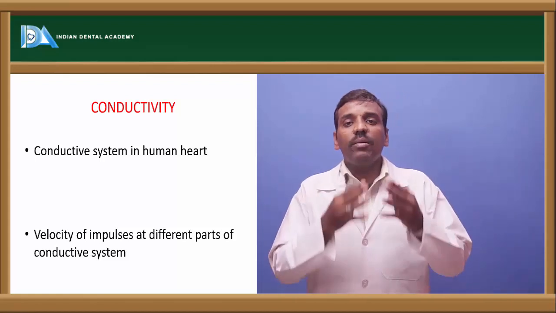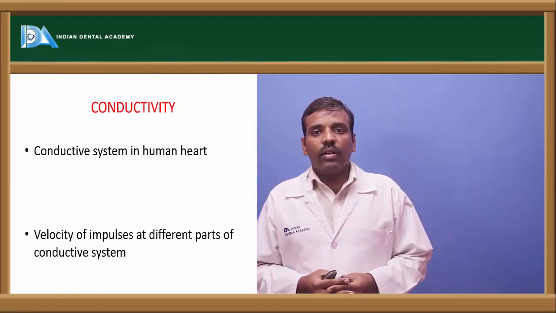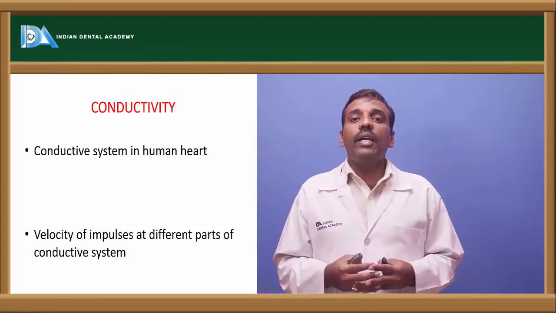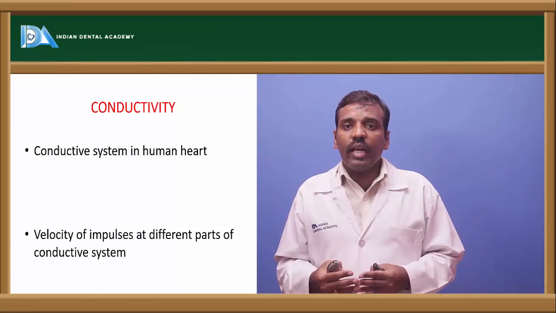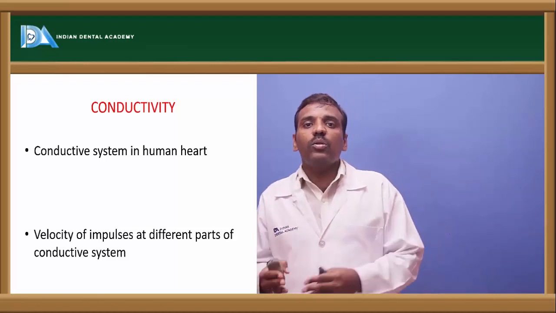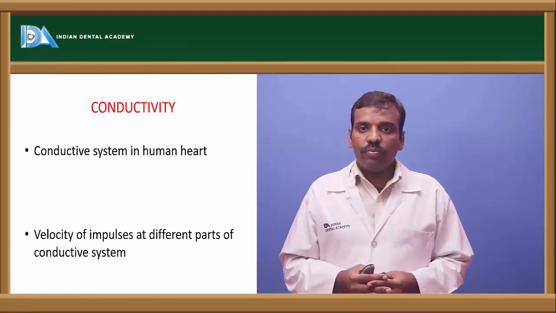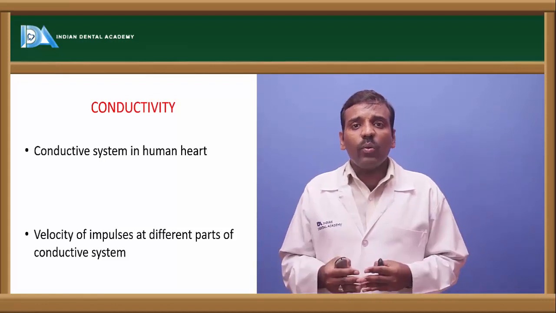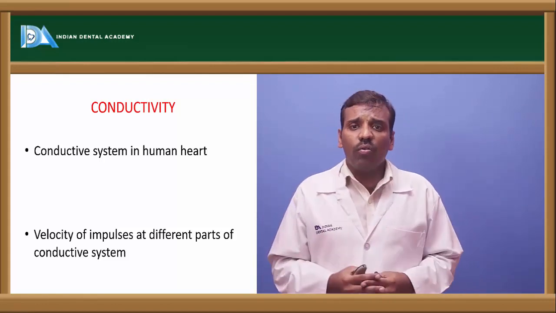The pacemaker maintenance system. Like the SA node generating impulses, through the atrial muscle those impulses pass to the AV node. And through the AV node, it reaches the bundle of His.